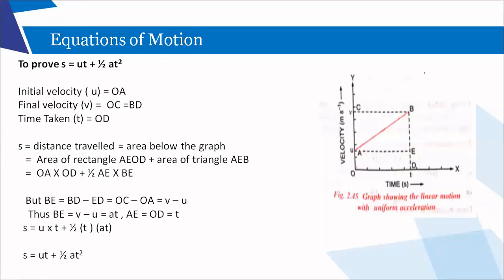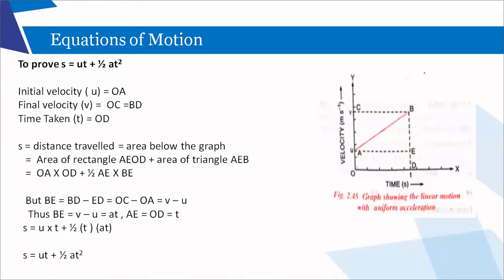Can you see this BD? This full BD and OC are the same, and ED and OA are the same. So instead of BD, I will write OC, and instead of ED, I will write OA. And we all know, look up, OC is nothing but V and OA is nothing but U, the initial velocity. So I got BE equal to V minus U.